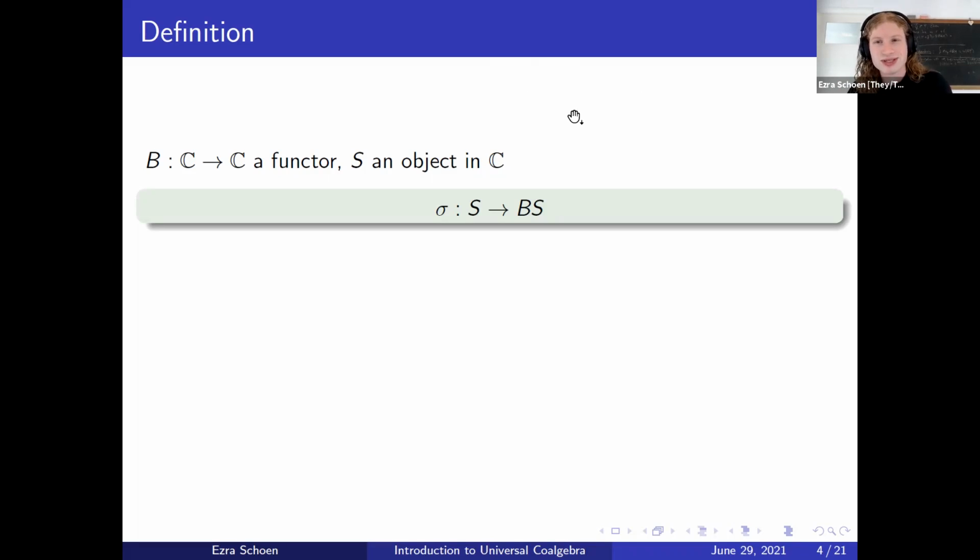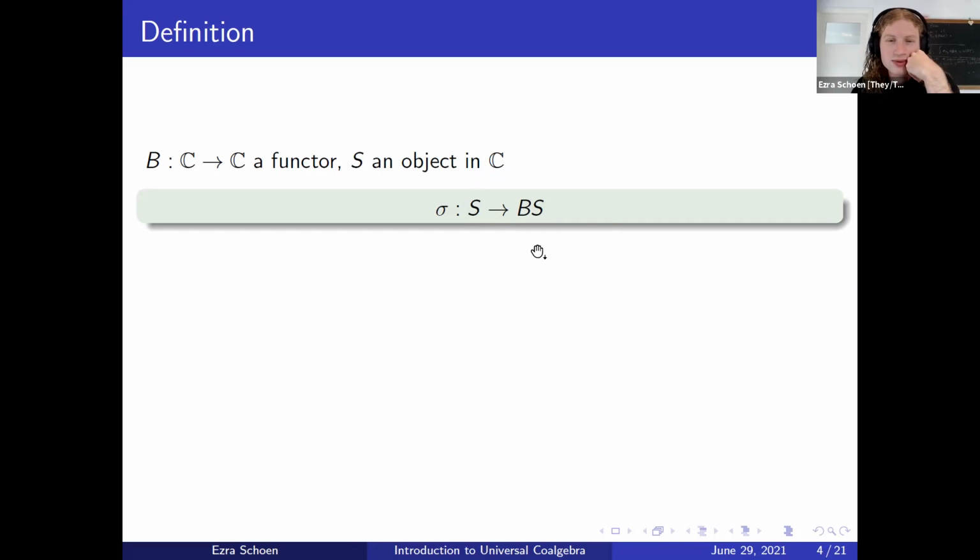And of course, I'm not asking if B is a comonad or anything. So I'm not doing Eilenberg-Moore coalgebras here. It's just a morphism. There's no properties, nothing at all. It's just a morphism from S to BS. Okay.